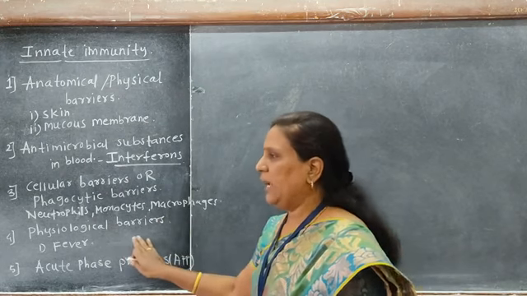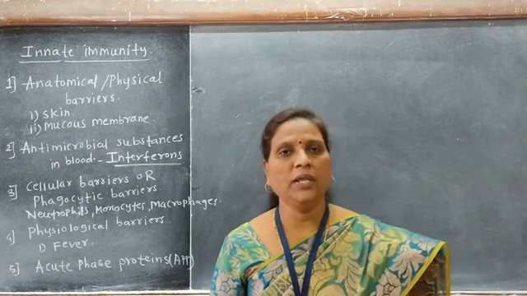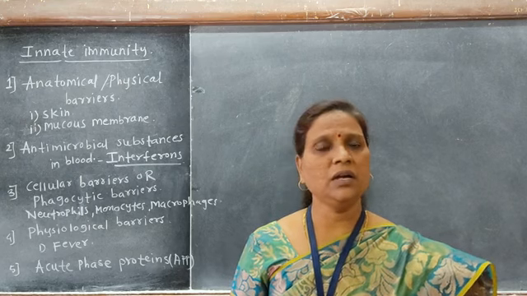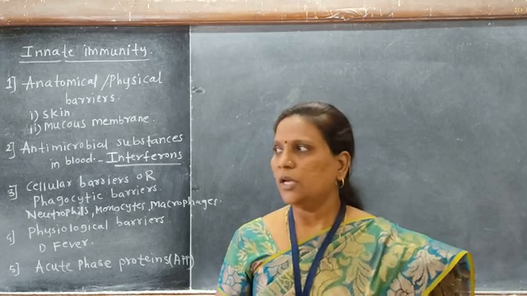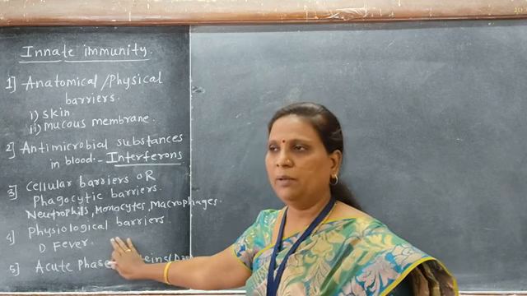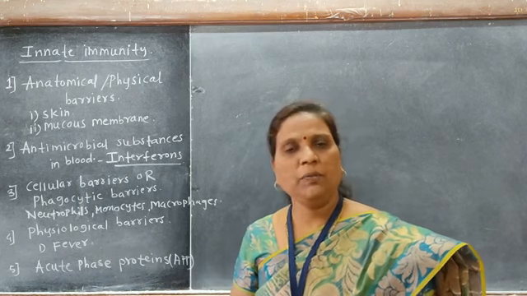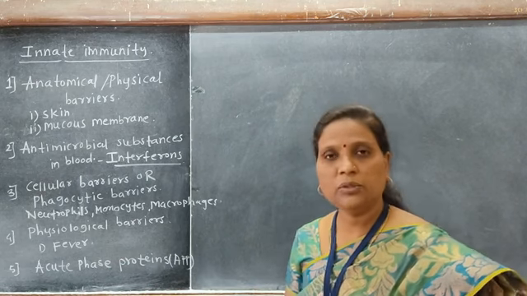Now the physiological barrier, mainly fever. It is the natural defense of the body which prevents the increase in pathogens. So fever, that is the increase in body temperature, mainly prevents the increase in the number of pathogens or destroys the pathogen.